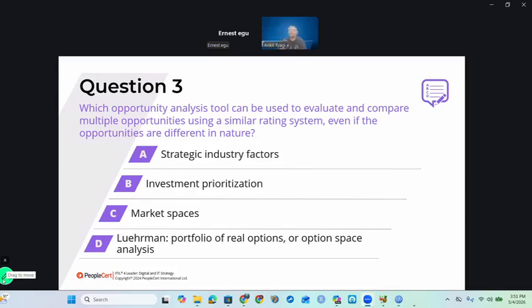Out of 5 different options, we need to prioritize that investment, right? Select the one that contributes most to the achievement of the organizational objectives, because there is a standard rating system for all the 5 projects. Got my point? So this one is investment prioritization. Absolutely. That's correct.